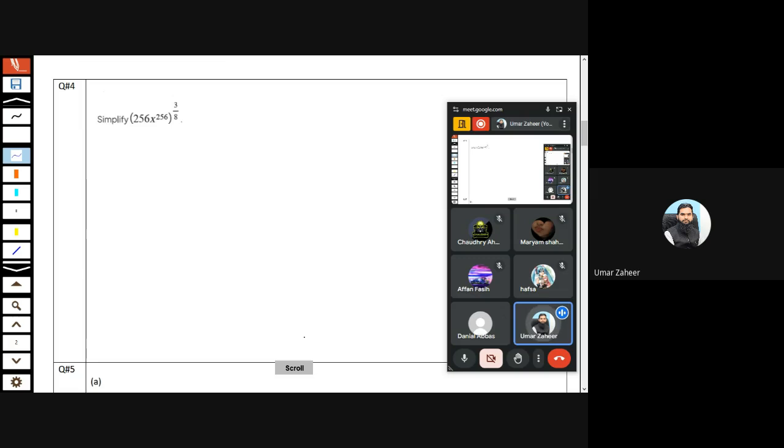All right, in question number 4, we have to simplify. It is 256 x raised to power 256, and the whole raised to power 3 over 8. Let's see how to find the prime factors of 256 first.